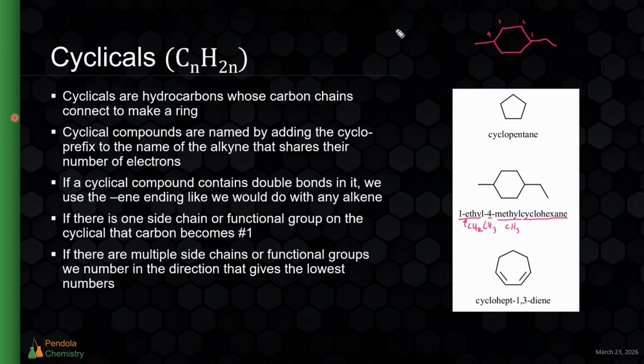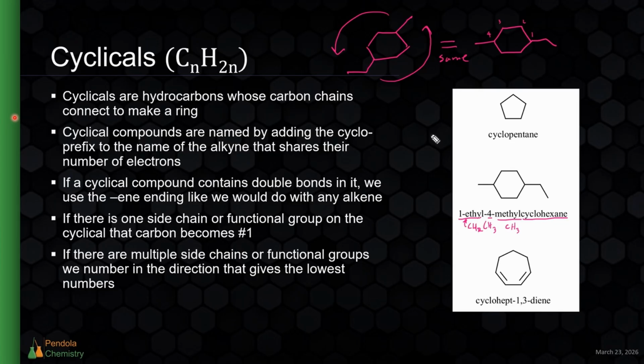And you've got to realize that had we started carbon 1 here with our 2-carbon chain, then it would have been 2, 3, 4. We would end up with this. It's the same molecule. They're equal to each other. All it is is that it's been rotated this way, and you will get the same molecule. So whether it's this or this, it's the same molecule. It's just 1-ethyl-4-methylcyclohexane.